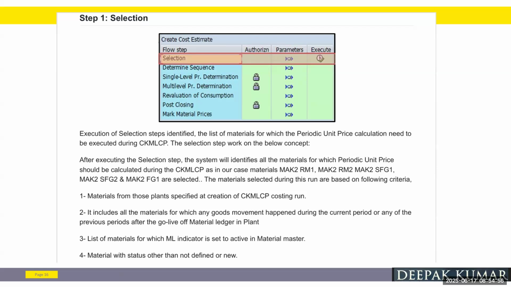Only materials with price control S, you said, right? Right. Those with V are ignored. So that is required. When we create the material master, we should be careful. It should be S and 3, price determination 3. So when we go live, we ensure we check the material masters also, whether it is correct or not.